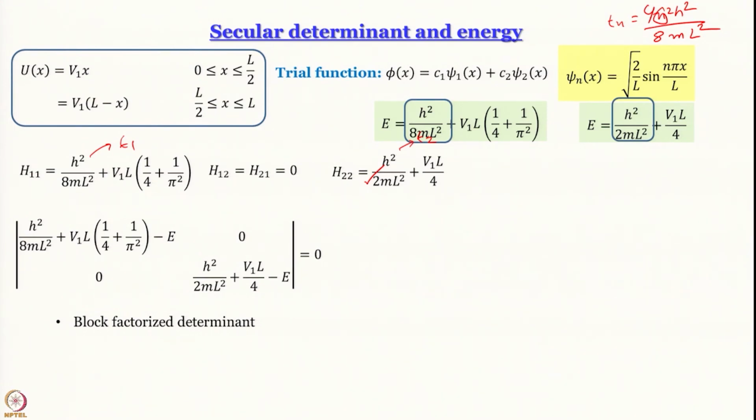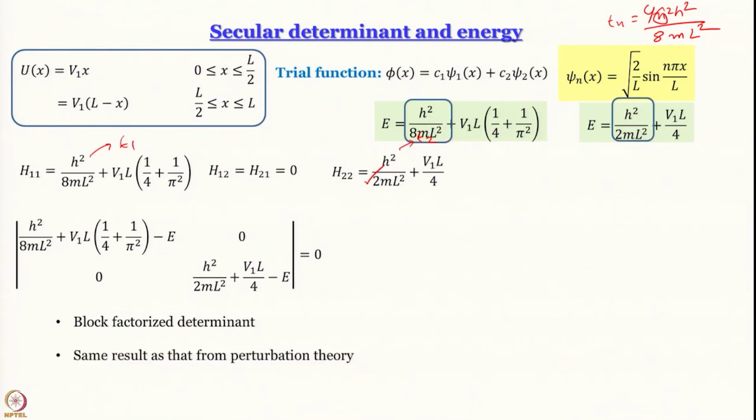We have got the two roots. Which one is lower in energy, which one is higher? Most likely this is lower in energy, unless V1L into 1 by 4 plus 1 by pi square is really large, but then that will add here also. So, this is the lower energy, I think we can say that with sufficient confidence.